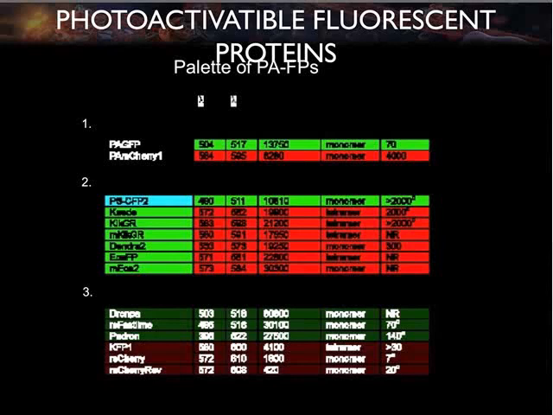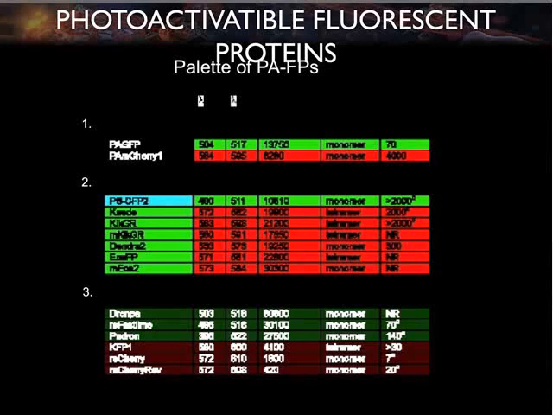In the case of Kaede and EOS, they switch from green to red in response to a UV light pulse. And then the third class can switch from being dark to on, either green or red, and then back off again by switching of 405 or 488 illumination.